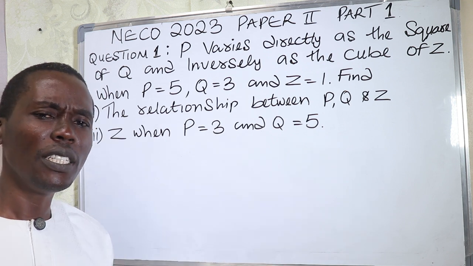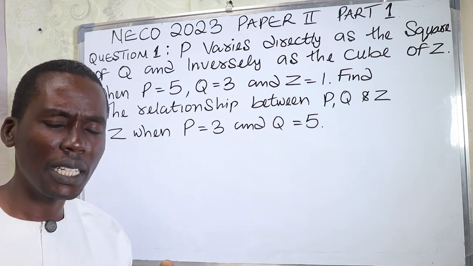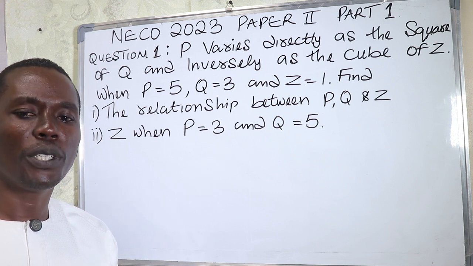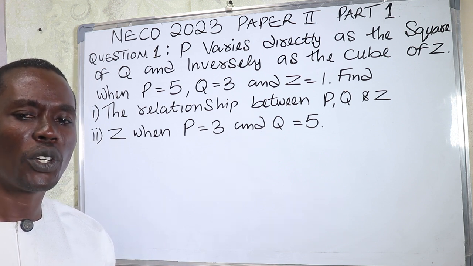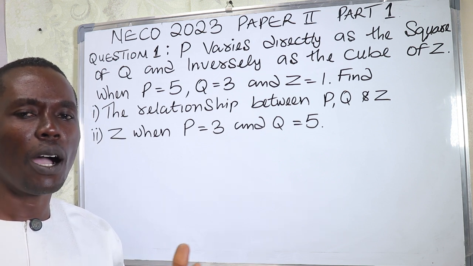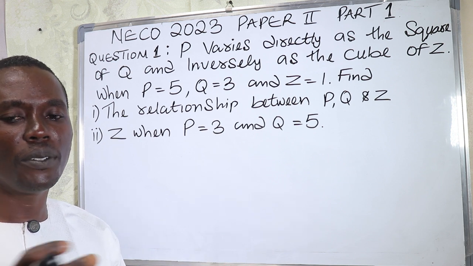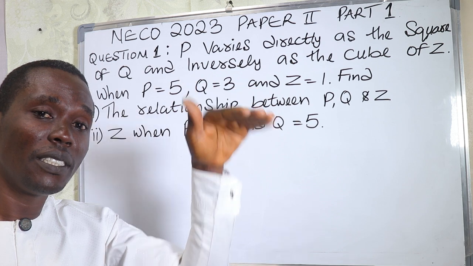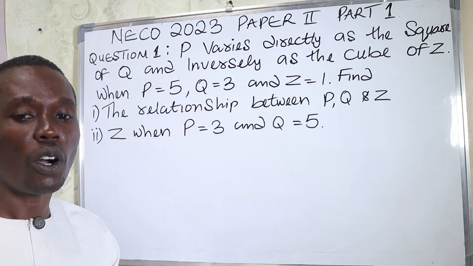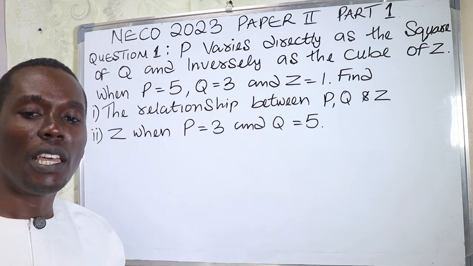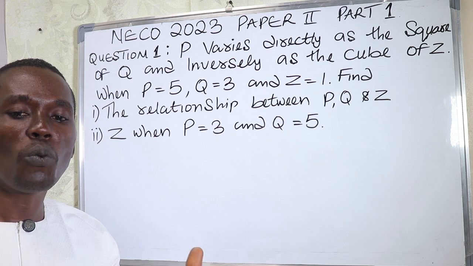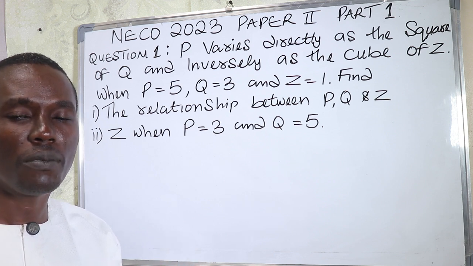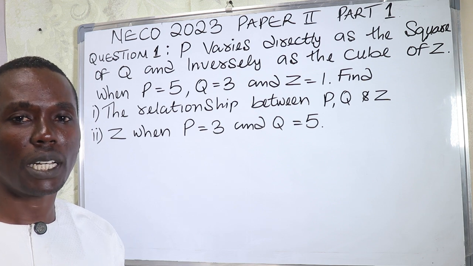Now, generally speaking, we have direct, inverse, joint, and partial variation. Direct variation has to do with when one object varies directly with another. That is, as this increases, the other also increases. Inverse variation has to do with when one object varies inversely with another.